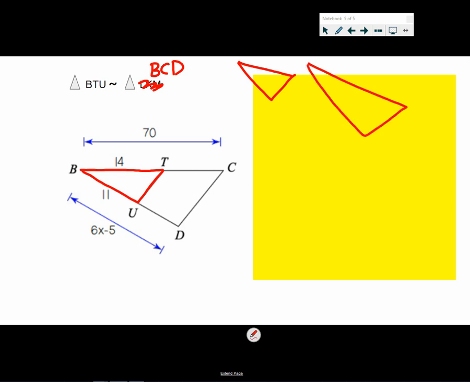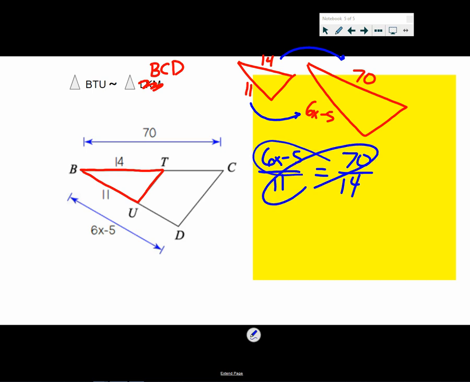So I know that this is 14 and this is 11, and I know that this is 70 and this is 6x minus 5. So now I can write my proportion. These two are similar and these two are similar. So I get 6x minus 5 over 11 equals 70 over 14.